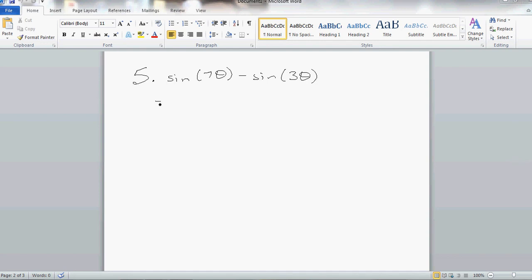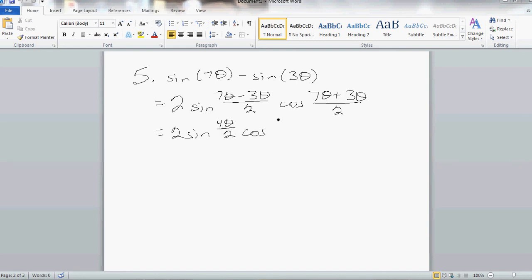And so that's the one we will use, which is 2 sine of the 2 angles subtracted over 2 times the cosine of the 2 angles added over 2, which equals 2 times sine of 4 theta over 2, cosine of 10 theta over 2, which will equal, as our final answer, 2 the sine of 2 theta, cosine of 5 theta.